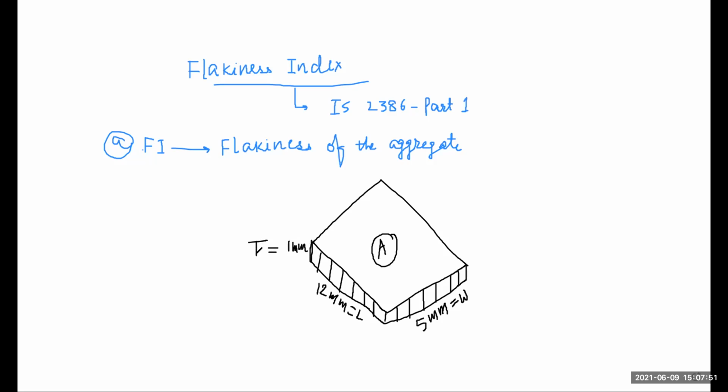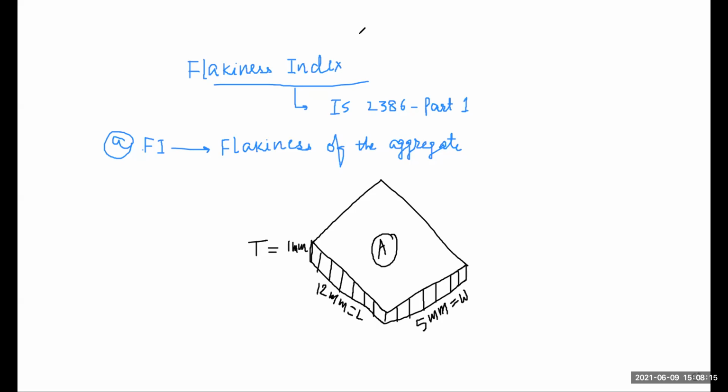So basically, flaky aggregates, again I repeat the statement, flaky aggregates or flaky particles are those whose least dimension is 0.5 times its mean dimension.